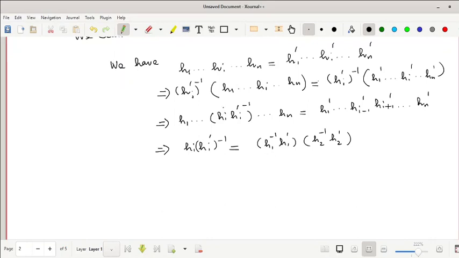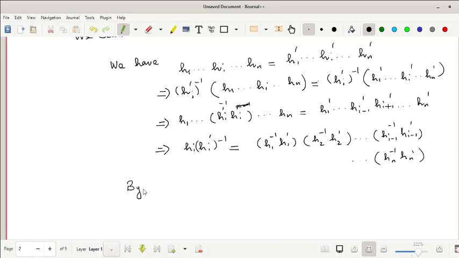This is actually prime inverse this, and so on. Hi minus 1 inverse hi minus 1 prime dot dot, you will get hn inverse hn prime, right? This is an element of Hi, this is an element of the product.